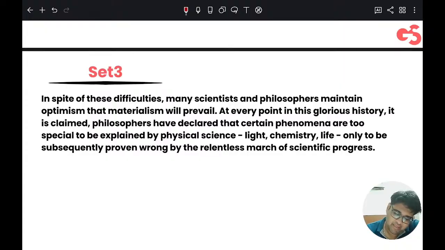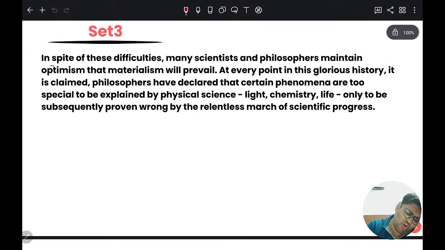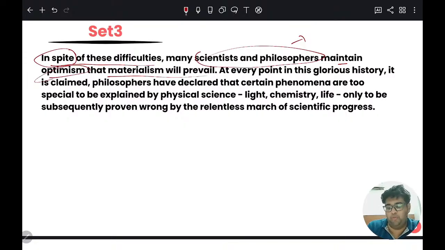Okay, fine. Even though all these difficulties are there, many scientists and philosophers maintain optimism that materialism will prevail. They have good hope about the future.